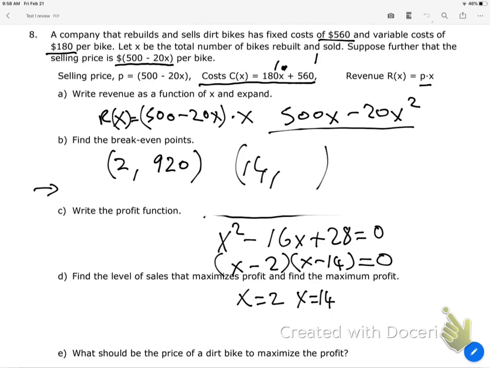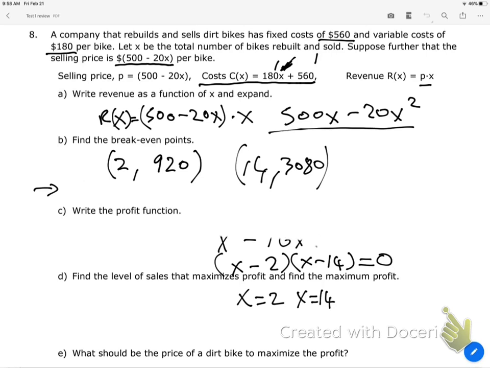I can't do that in my head. I've got to put 14 in here. 180 times 14 plus 560 equals 3080. Those are the break-even points. I produce 2 bikes at 920 or 14 bikes at 3080. So that's the break-even point.